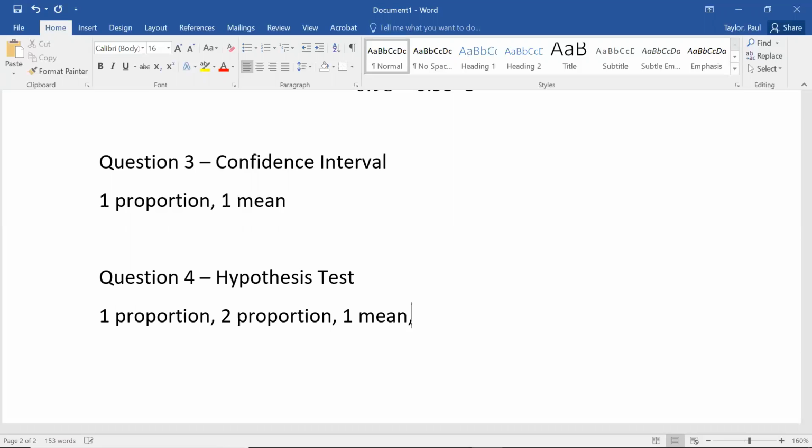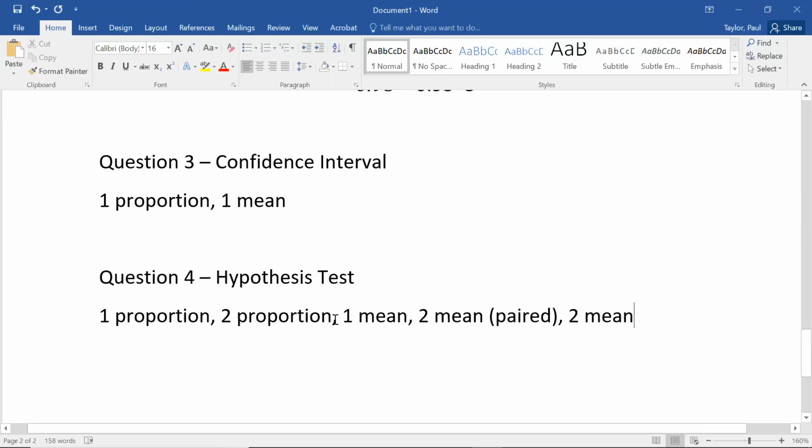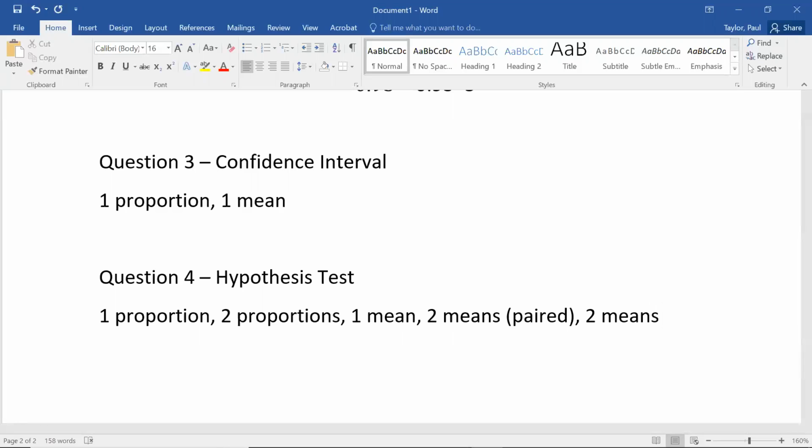There was one mean. There was two means where they were paired. So each subject had two numbers and you took their difference and ran a hypothesis test on that. And there was two means where you split into two groups and the two groups were not at all connected together, and you just wanted to know if the mean for group 1 was equal to the mean for group 2.